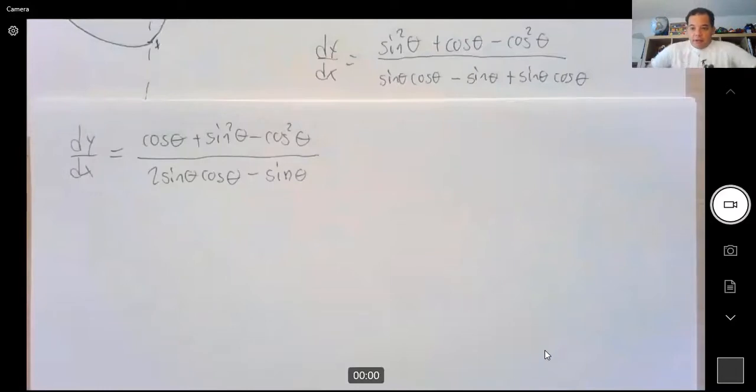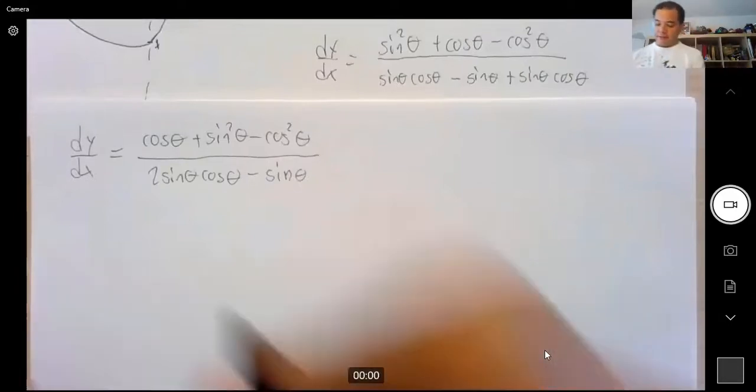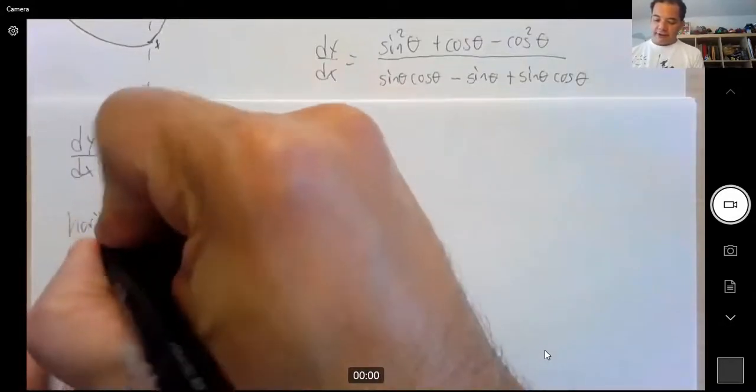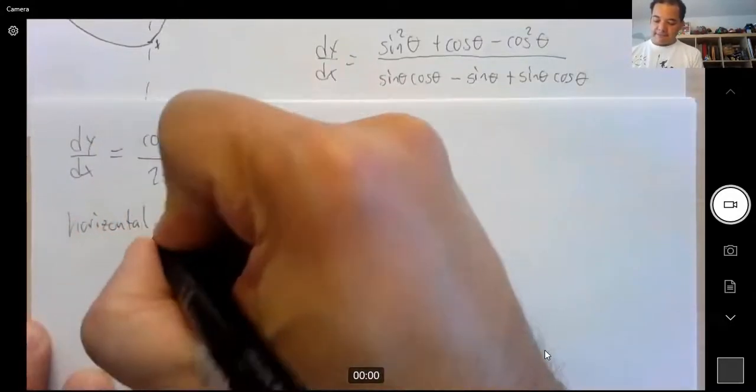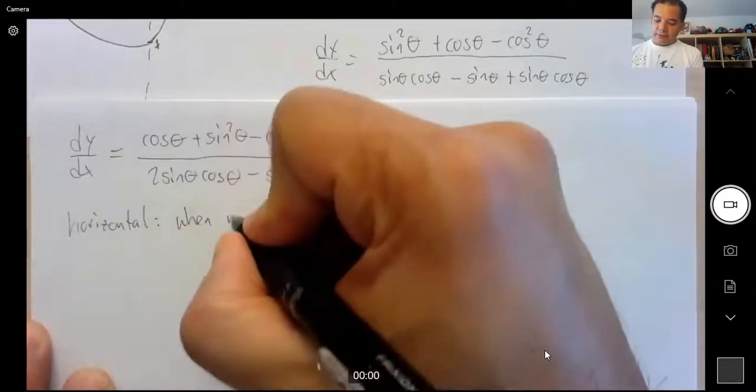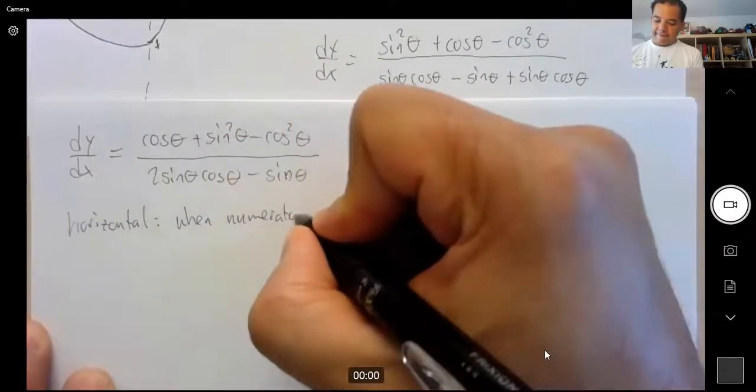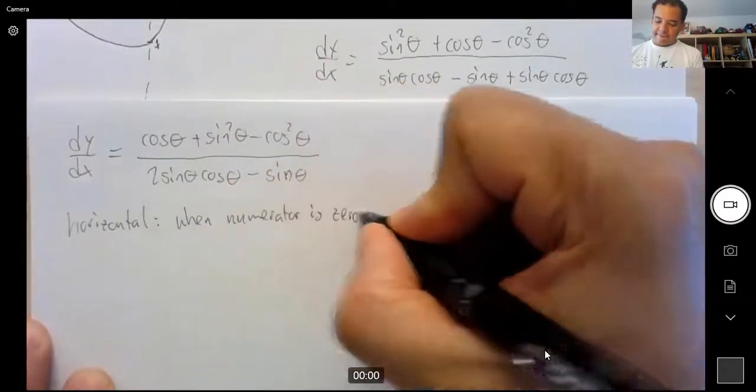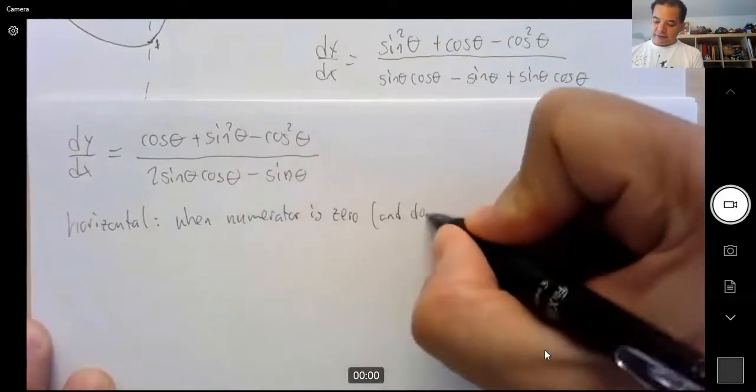Next step is we need now to find out when the numerator is 0 and when the denominator is 0. All right, so first, horizontal tangent lines: when the numerator is 0 and the denominator is not.